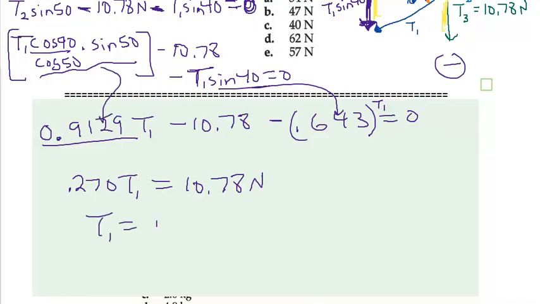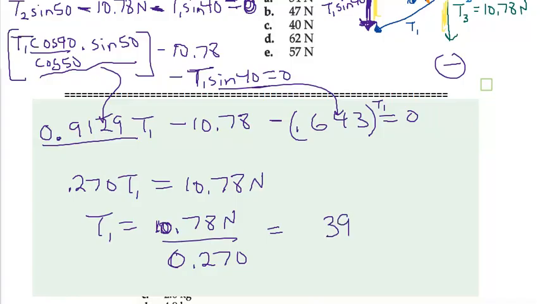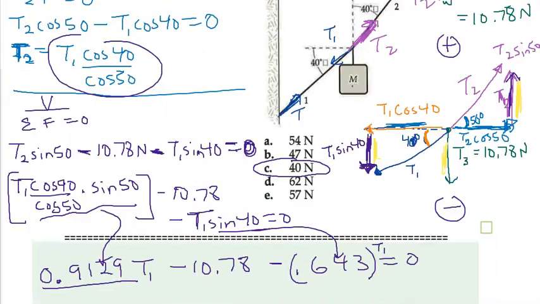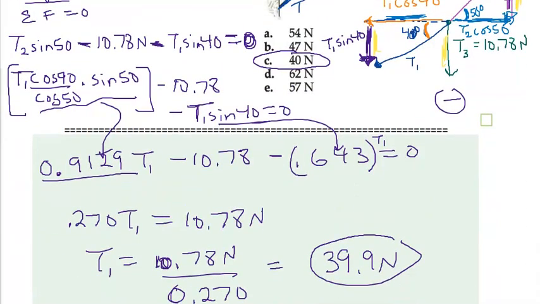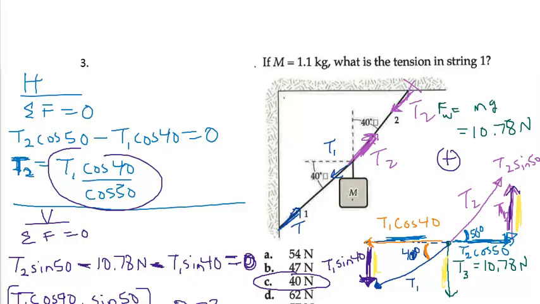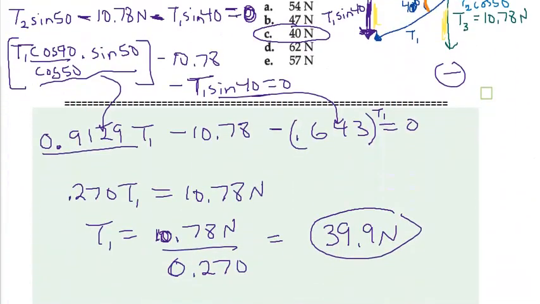So T1 is 10.78 newtons over 0.270, which is 39.9 newtons, so almost 40 newtons. And so they're rounding to 2 sig figs. So that was T1. Luckily, it asked for T1, and that's what we solved for.